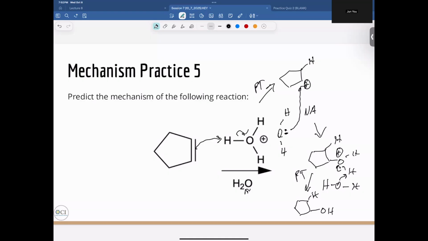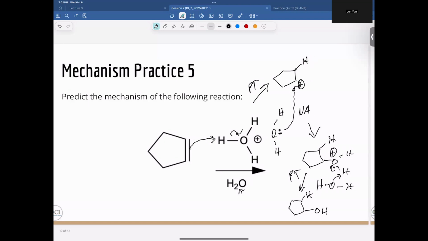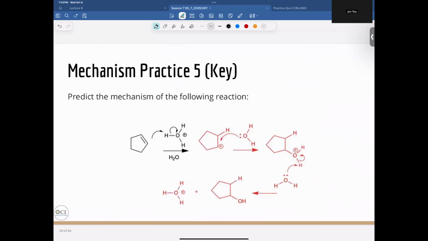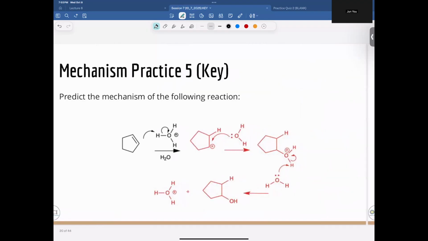So it had the plus charge because it had 3 bonds to it. The H2O picked up one of those bonds for the hydrogen, and the electrons from that bond went to the oxygen, getting rid of that plus charge. Mechanism.